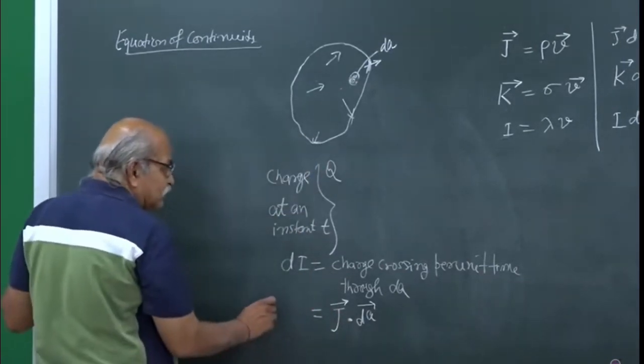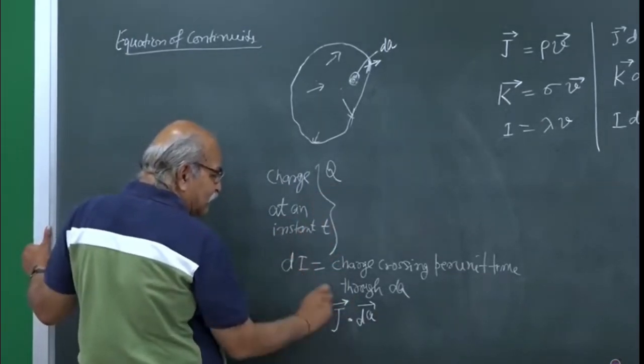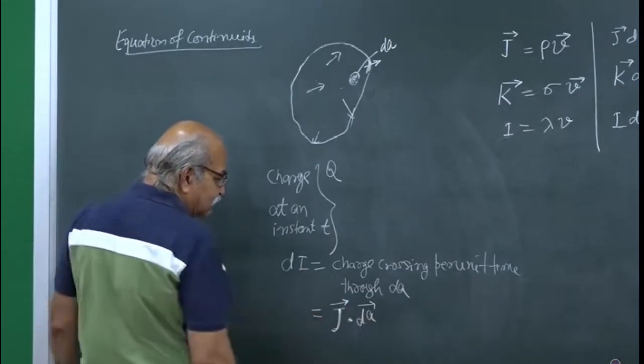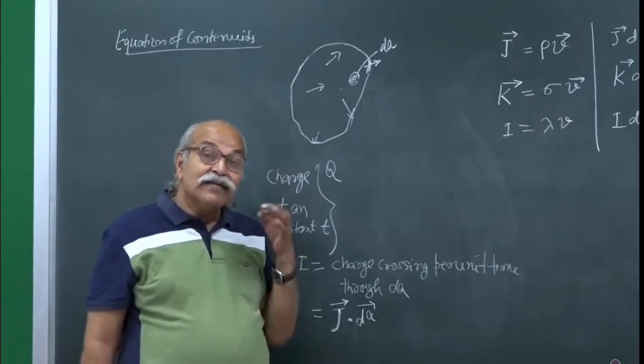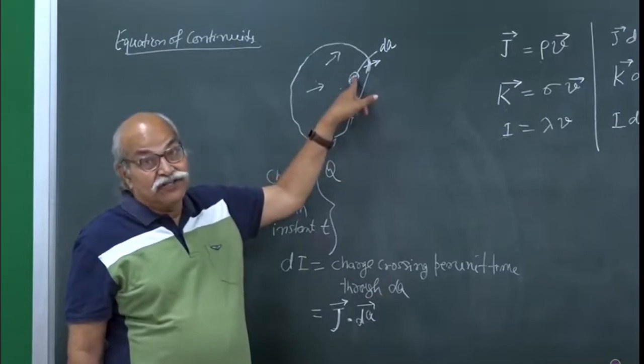So in time dt, now let us say what happens. This is at time t, everything at time t: this is the current density, and this is of course the small area that we have chosen. As time passes, the current density here can change.